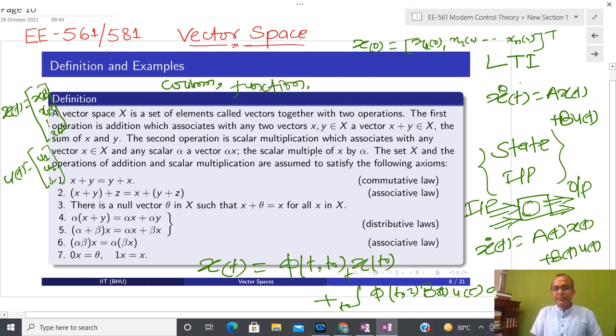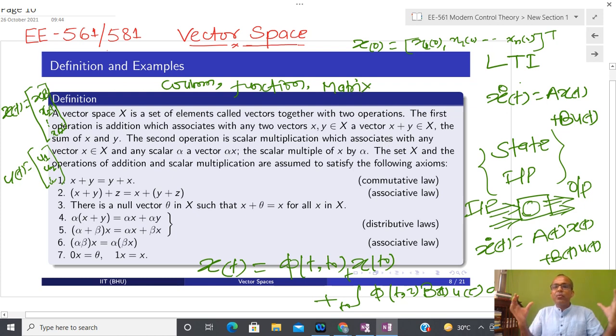Similarly, I am going to talk about the system matrices A and B, and I represent the system matrix in the form of matrices, so each entry in my space can be represented like some kind of matrix.